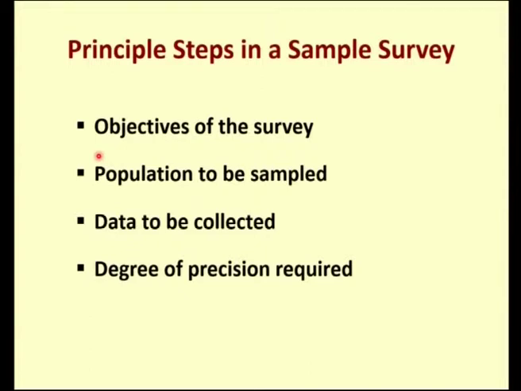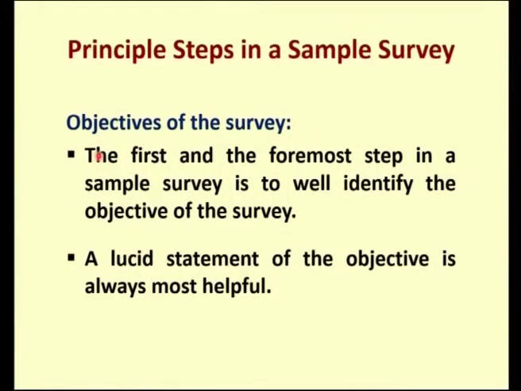So, we will discuss in detail the first principal step, objective of the survey. This is supposed to be the first and foremost step in a sample survey, because based on this objective only we are going to infer about the population. So, it has to be identified and well defined. A clear statement of the objective is always most helpful for conducting a sample survey.